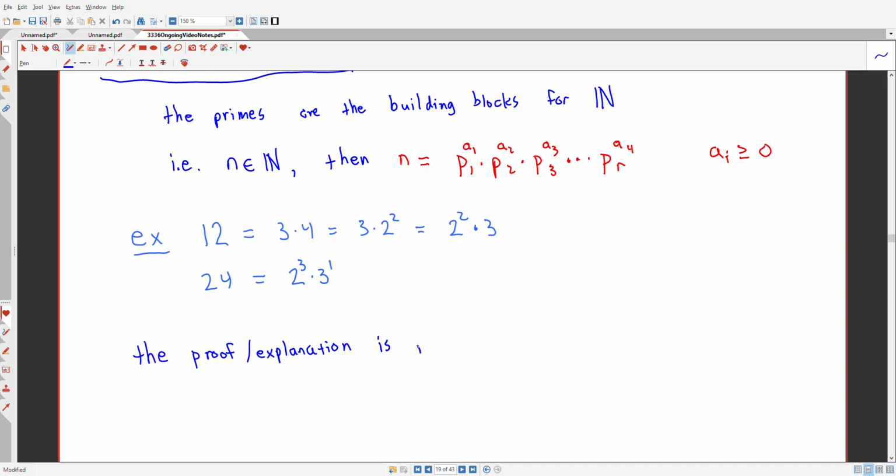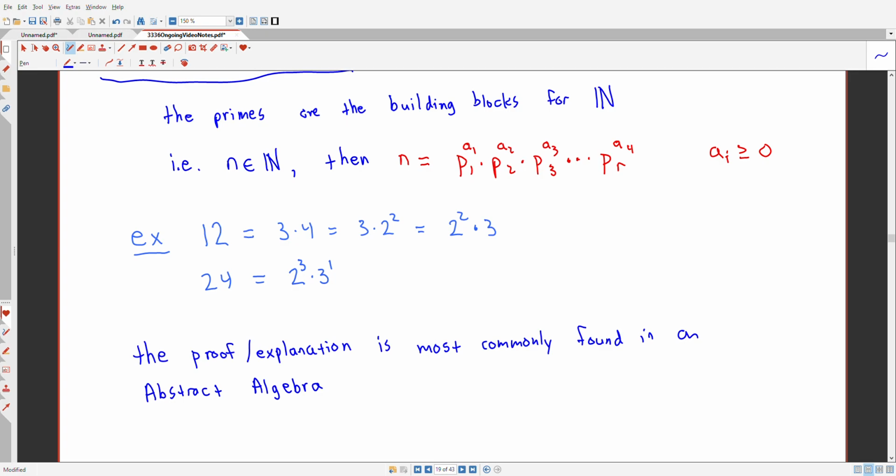I'll say it's most commonly found in an abstract algebra course. So I am not going to prove this result. Although if you're really interested, you could Google or look on YouTube for a proof of the fundamental theorem of arithmetic.